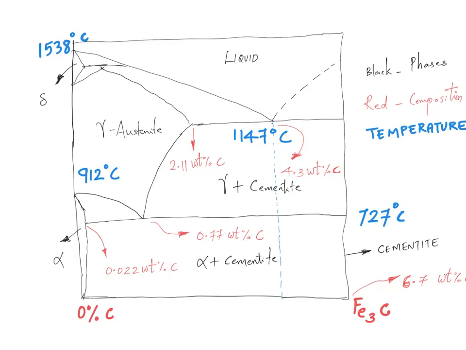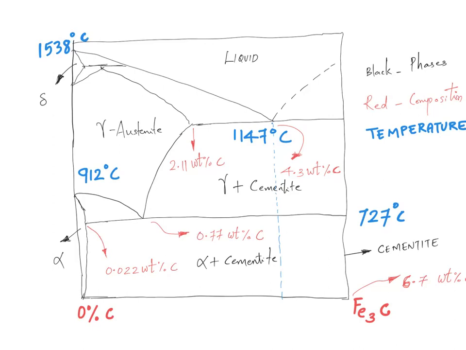Now the important two phase regions are two of them here. One is this region where both alpha ferrite and cementite phases coexist, and the other is this, where the gamma austenite phase and the cementite phase coexist. So these are the two important two phase regions in this diagram.